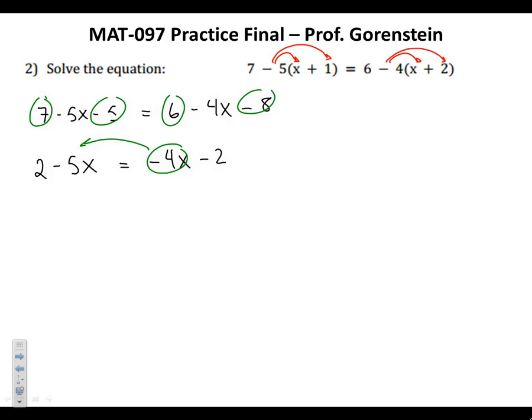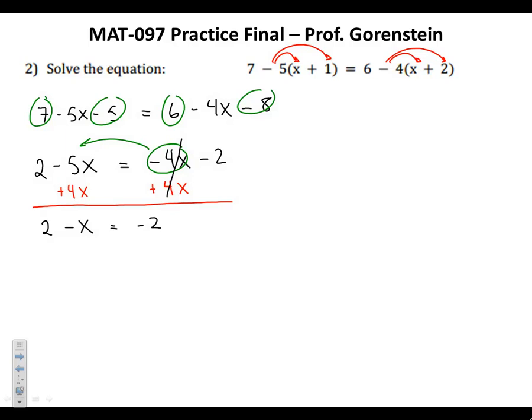So we can add 4x to both sides of the equation. On the left or on the right-hand side they cancel. So on the left we've got 2 minus x is equal to -2.